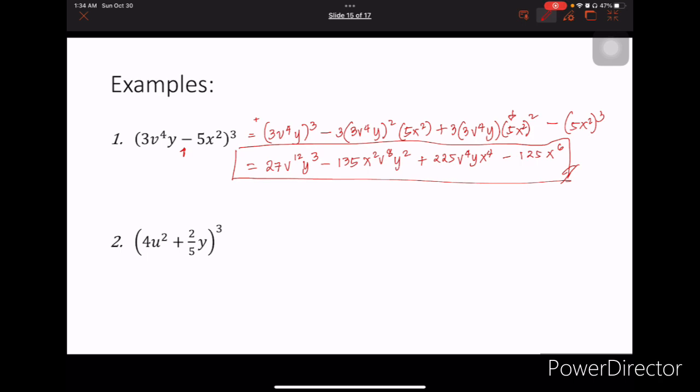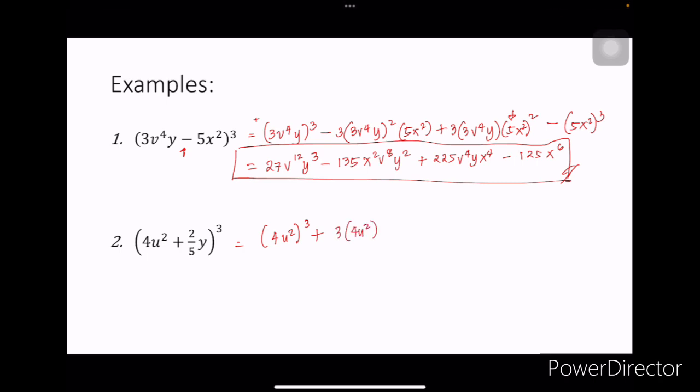Now, if you will have the quantity 4u squared plus 2 all over 5y, quantity raised to 3, still it falls in the cube of a binomial. So you just simply cube the first term. So your first term is 4u squared, quantity cubed. Since it's plus, all the operations will be addition. So plus 3 times the square of the first term.